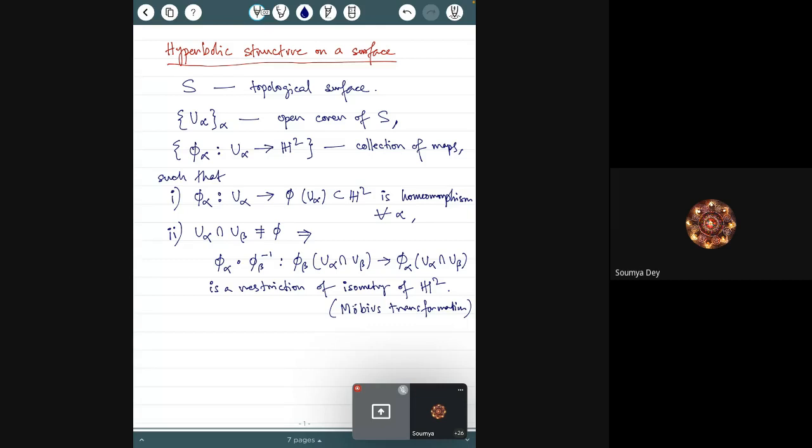In particular, if you have a genus g surface where g is greater than or equal to 2, then this condition is satisfied and you can give a hyperbolic structure. But I think that construction is involved, so let's not go into this.